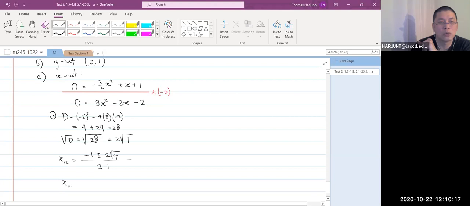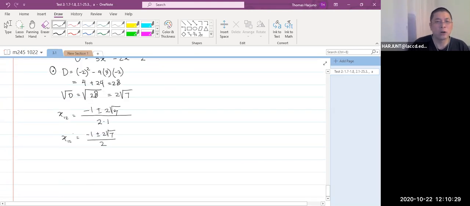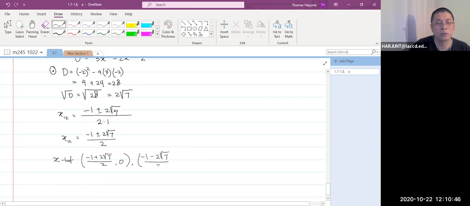So x1,2 equals negative 1 plus minus 2 square root of 7 over 2. So my x-intercepts are (negative 1 plus 2 square root of 7 over 2, 0) and (negative 1 minus 2 square root of 7 over 2, 0). That's for the x-intercepts.